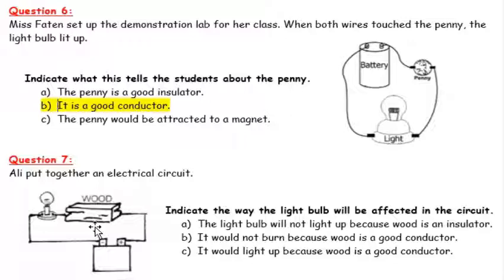It would not burn because wood is a good conductor, or it would light up because wood is a good conductor. So as you know, metals are good conductors, but wood isn't a conductor. It does not let the electric charges go through. Wood is an insulator.